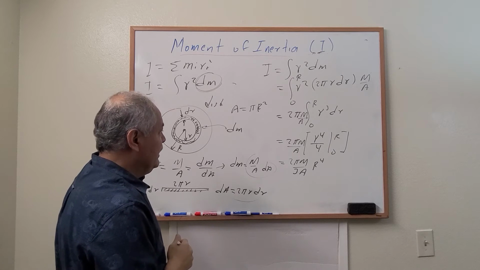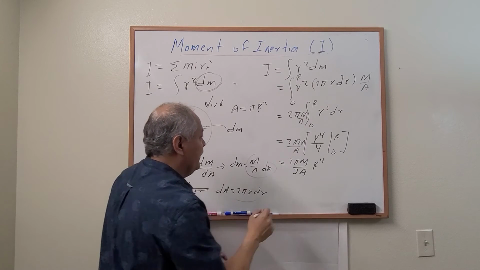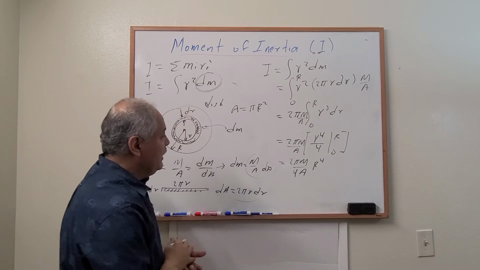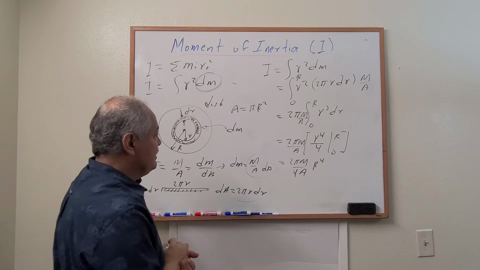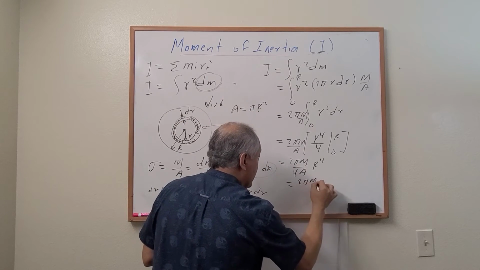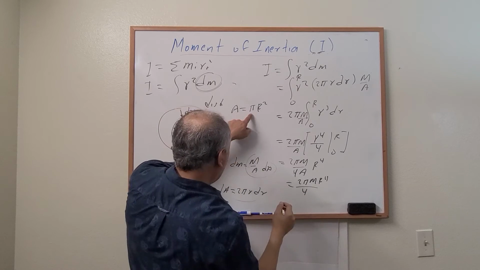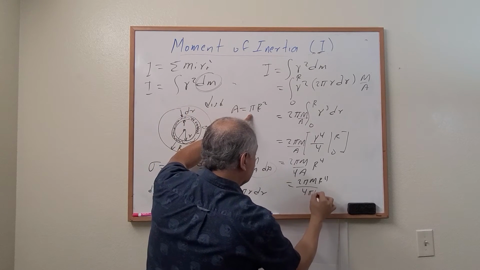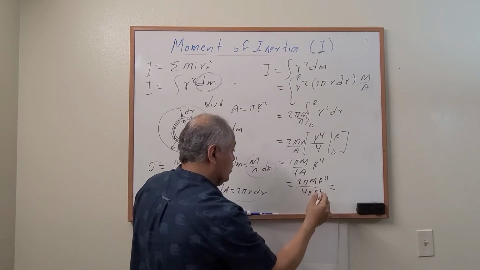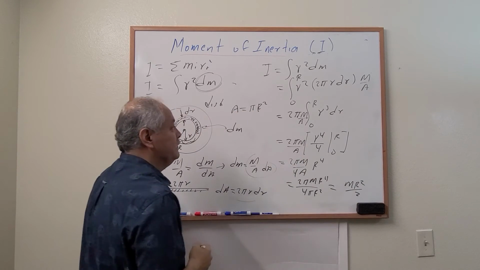Perfect. This is going to be 4 instead of 3. Okay, great. So when we substitute this value, it's going to be 2 pi m r to the 4 divided by 4 pi r squared. Correct. And this is equal to what? Mass r squared divided by 2.